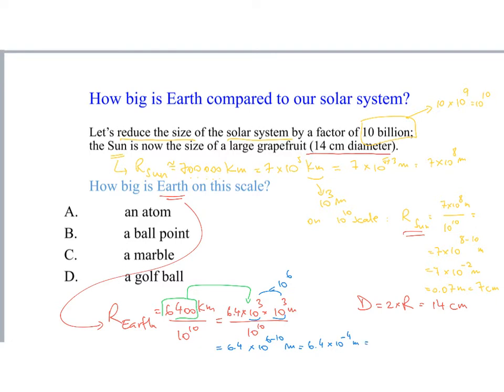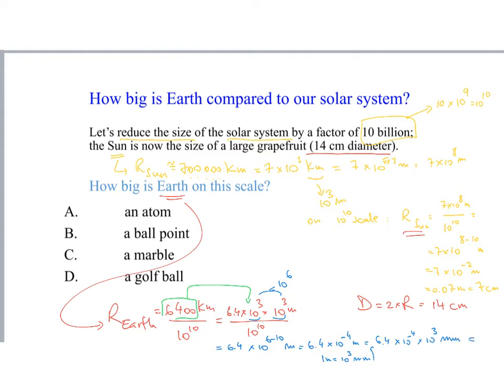We need a different unit just to make a bit more sense of this. Remember that 1 meter has 1,000 millimeters, or 10 to the 3 millimeters. So we're going to use that. So you have 6.4 times 10 to the minus 4 times 10 to the 3 millimeters.